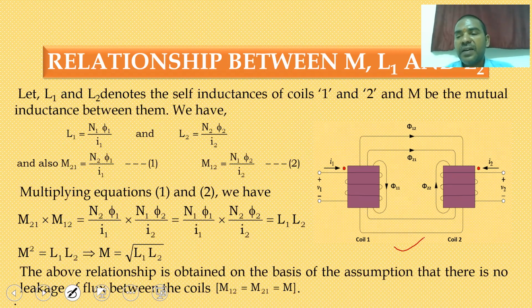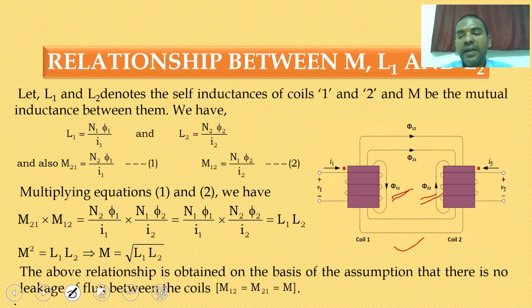The secondary side voltage is V2 with a current of I2. Due to the first current, the flux produced is phi 12. Due to the second current, the flux produced is phi 21. The self fluxes are phi 11 and phi 22.